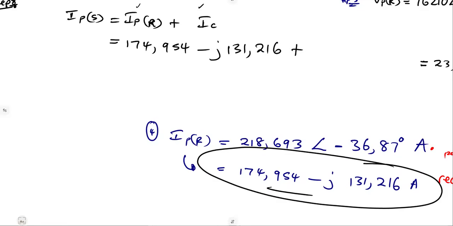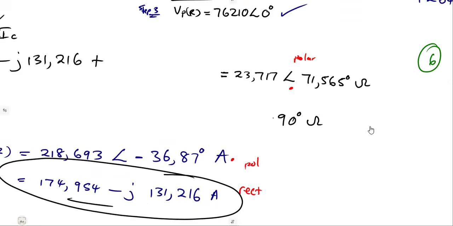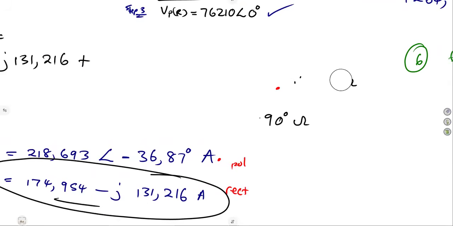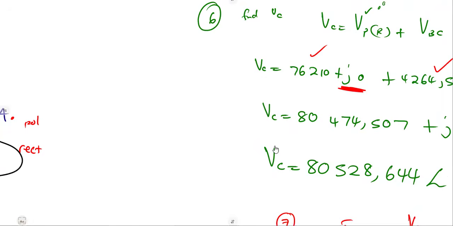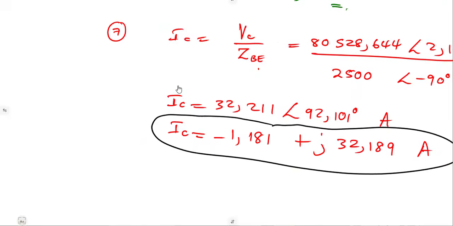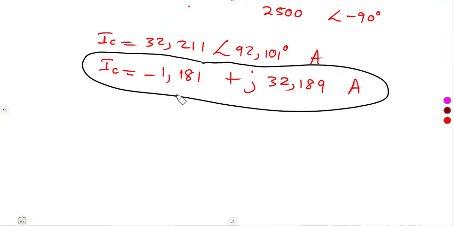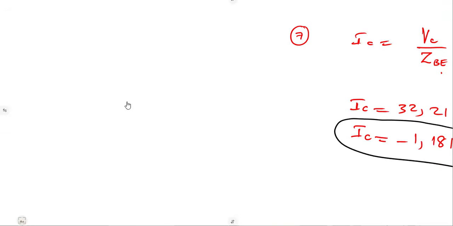So this is the idea of the question. This is the one that we calculated across the capacitor, guys, which was on step 7. So for the sake of your reference from your calculation, this one that we calculated here on step 7, take this value as it is in rectangular form.